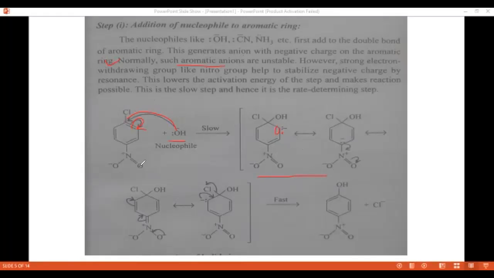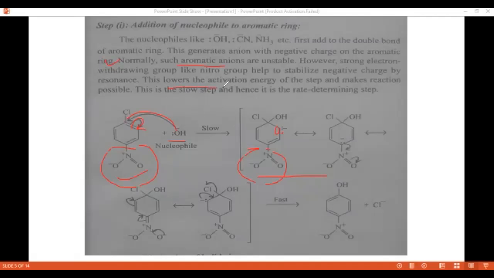However, a strong electron-withdrawing group like the nitro group helps to stabilize the negative charge. This nitro group is para to the chlorine atom. It is an electron-withdrawing group and stabilizes the negative charge by resonance.